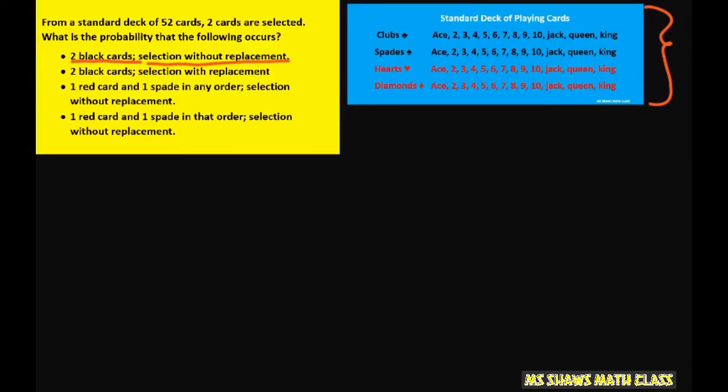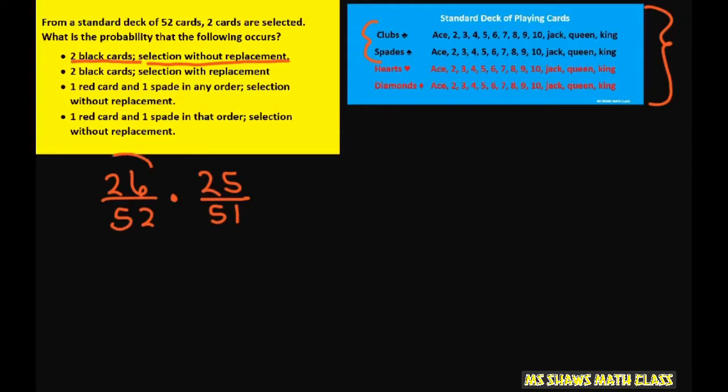So when we draw the first black card, half the cards are black. So that's going to be 26 out of 52. Now we don't replace it, so drawing the second one is going to be 25 out of 51.